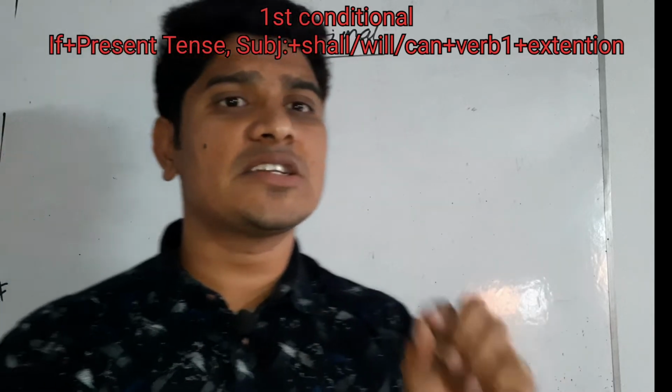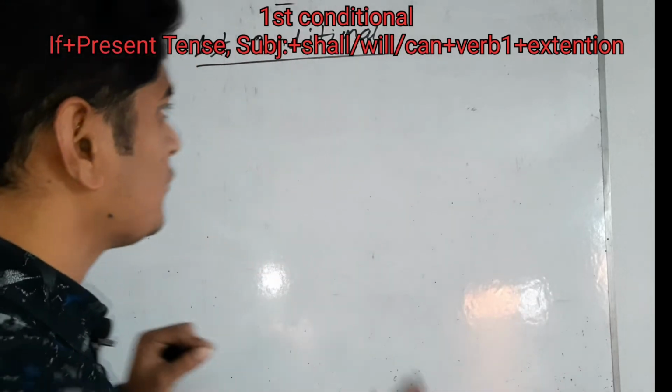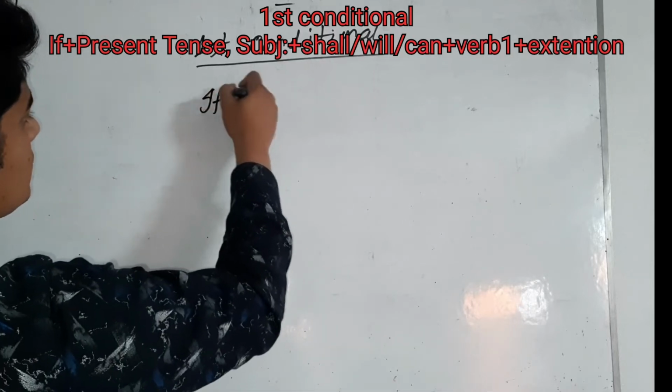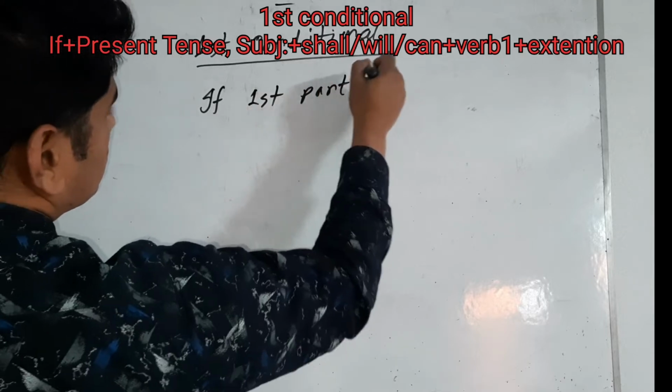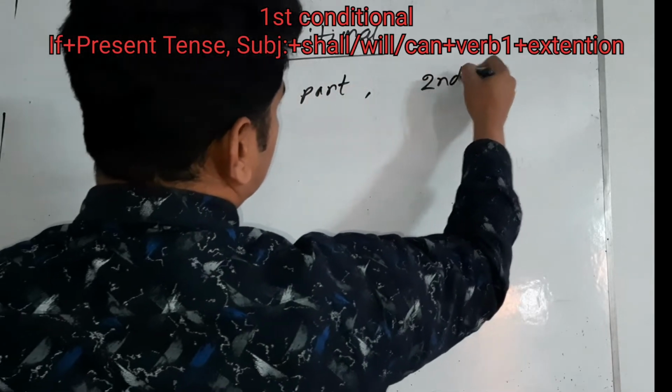The rule of the first conditional is: if there is a first part and a second part.